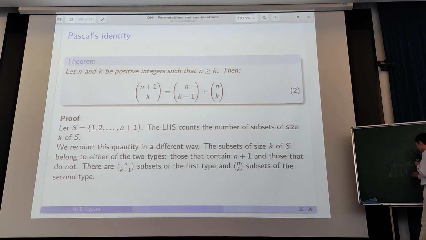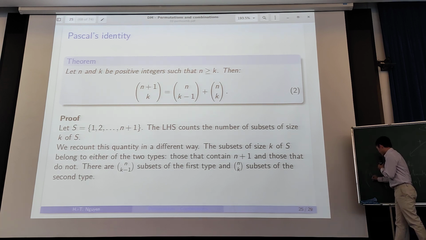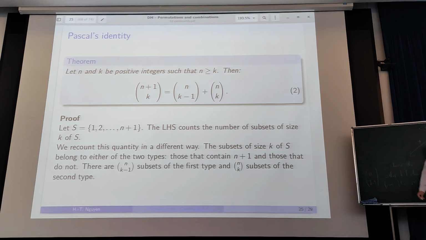And of course we choose the other k minus 1 elements from the n elements left, from 1 to n, because we have taken out n plus 1. So we have n choose k minus 1 choices. Okay?